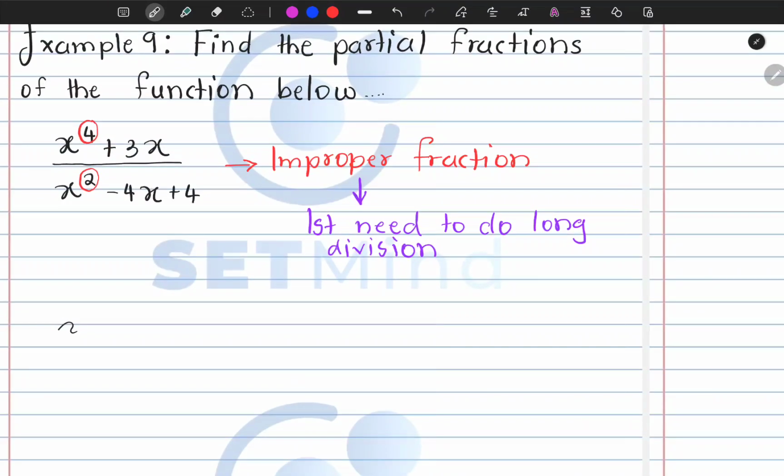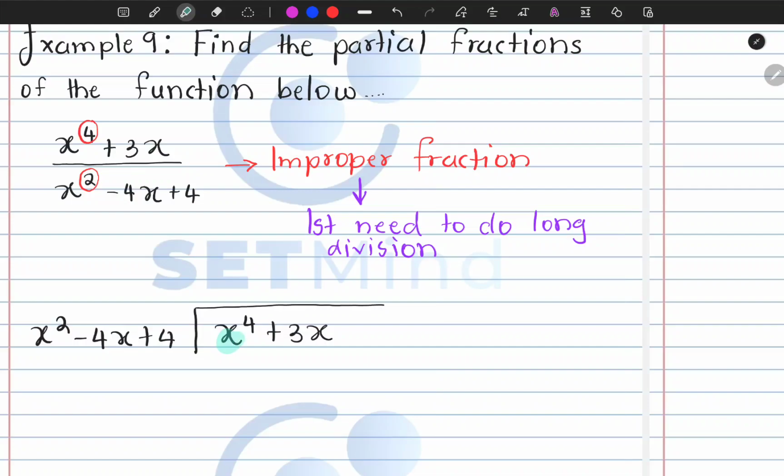So what we are dividing is our x to the power of 4 plus 3x, and this is getting divided by x squared minus 4x plus 4.